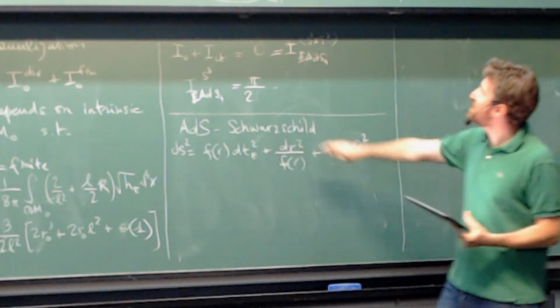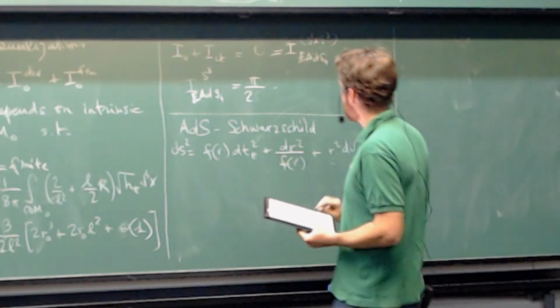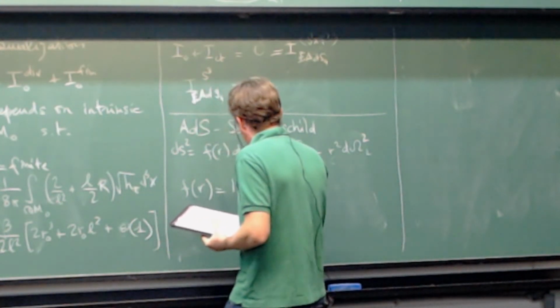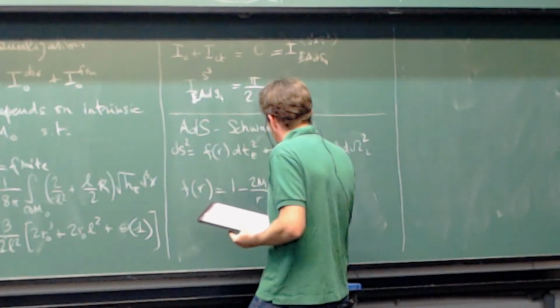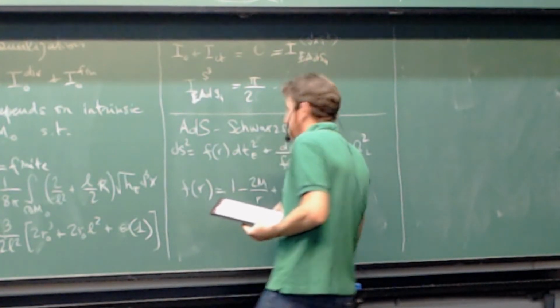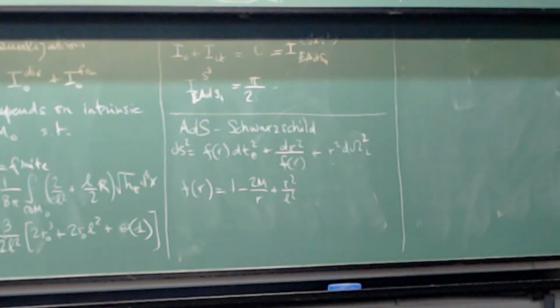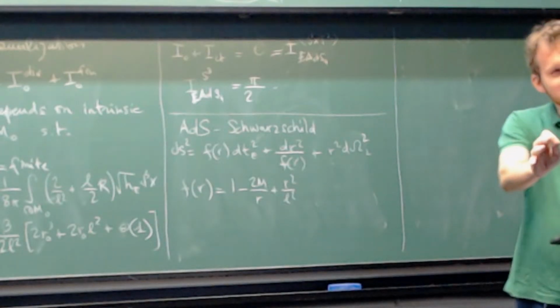It's always the same. Notice that AdS is the same. But now f of r is equal to 1 minus 2m divided by r plus r squared divided by l squared. Yes? Yes, I'll get there in literally 1 second. Well, okay, not literally 1 second, but close.